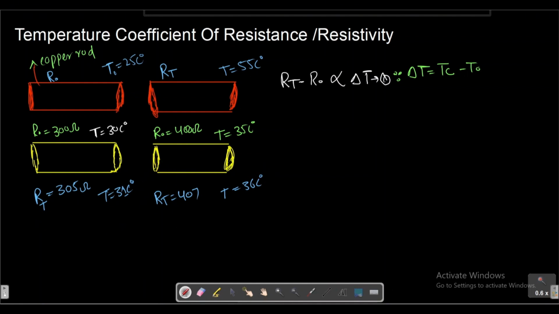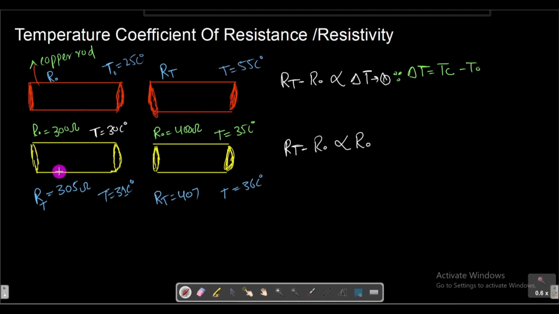So from here we can conclude that RT minus R0, meaning the change in resistance, is directly proportional to R0. If the rod has already an increased R0 value, then the increase in resistance will be more as compared to the rod that initially has less resistance.